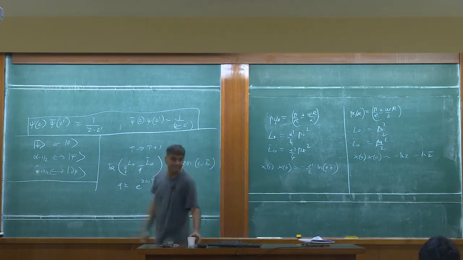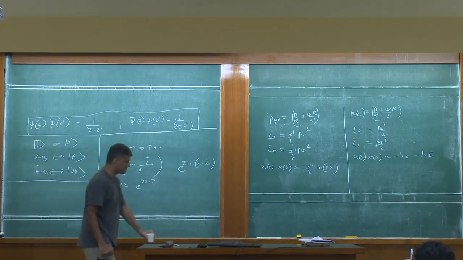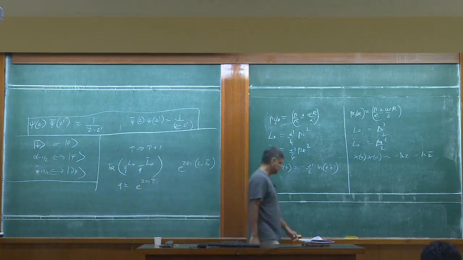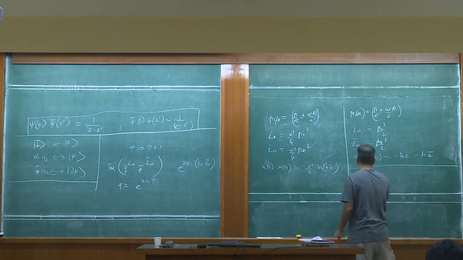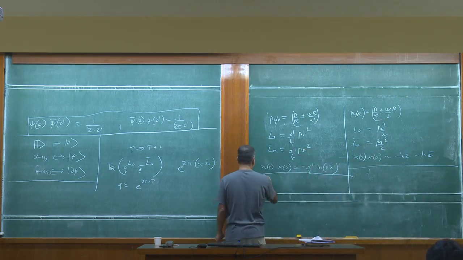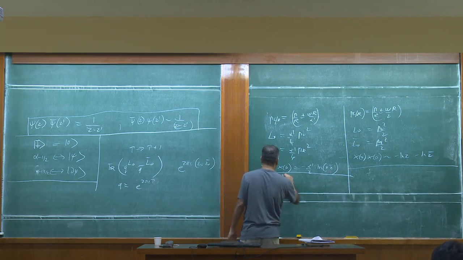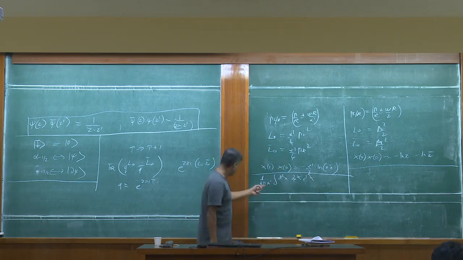Yeah, α′ is the context of string theory. It's just, we worked with an action that was 1/4πα′ ∫d²x ∂_μX ∂^μX. Yeah, it's a field redefinition.